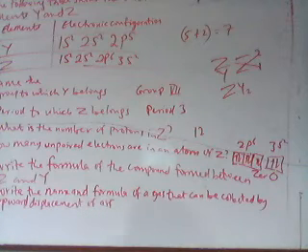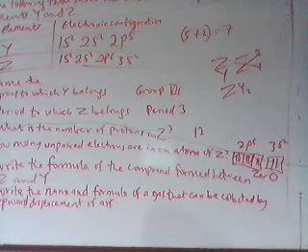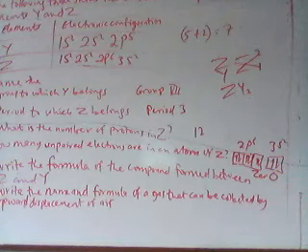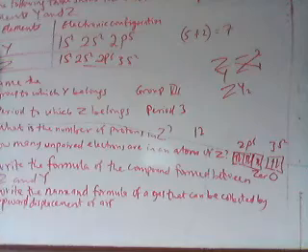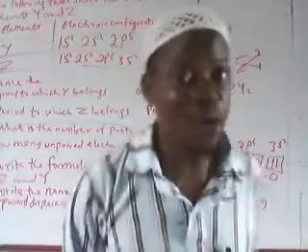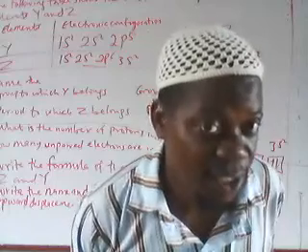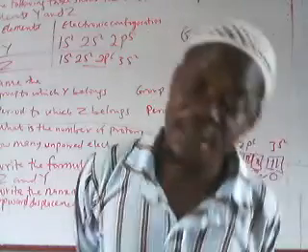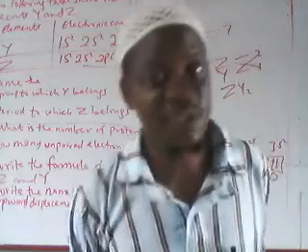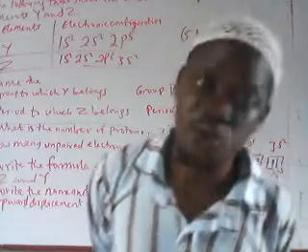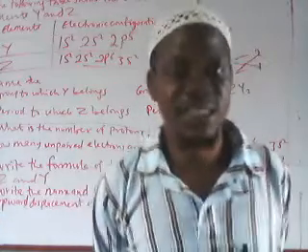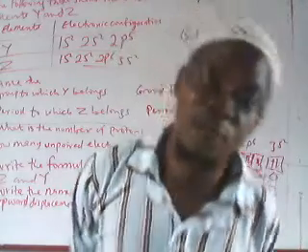Next question. Question 2E, Roman figure 1. Write the name and formula of a gas that can be collected by upward displacement of air. Upward displacement of air is the same thing as downward delivery. For a gas to be collected by downward delivery, it must be denser than air. If a gas should be denser than air, it means its relative density should be higher than that of air.